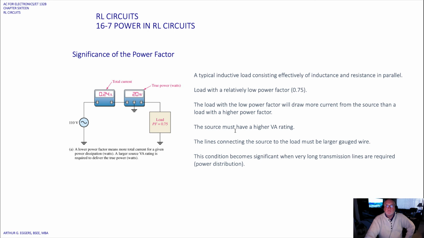The source must have a higher VA rating. The lines connecting the source to the load must be larger gauge wire. This condition becomes significant when very long transmission lines are required, as in power distribution. So we can see that power factor becomes very important in determining how much energy goes down your distribution lines for power to your neighborhoods and your commercial power.